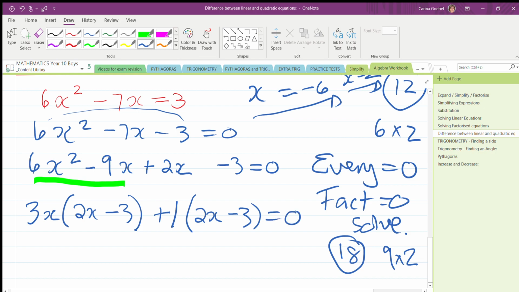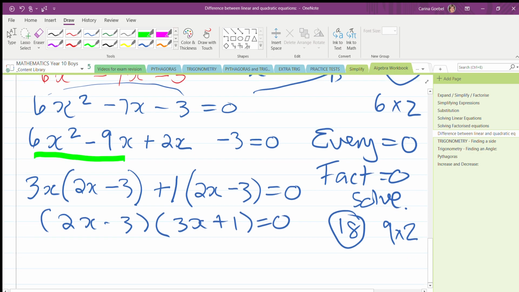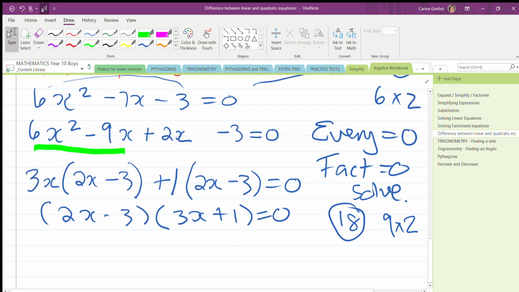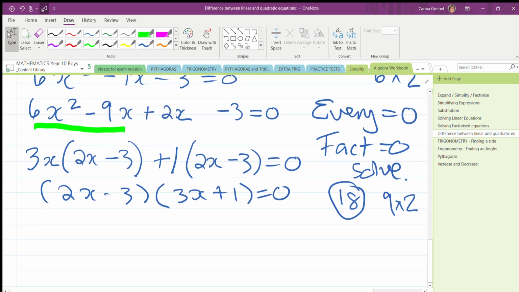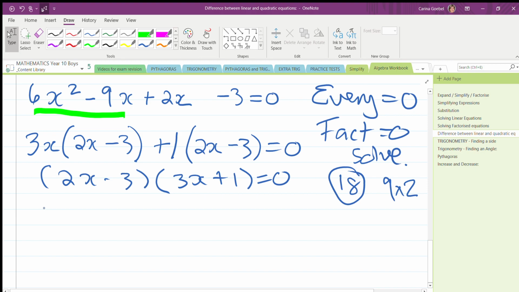And just remember that if this sign had been a minus, you would need to alter the sign that follows, but it's not, so we can leave it. That means it's now 2x minus 3 as your common bracket, and then you've got left 3x plus 1. So we are now at this stage where it has been factorized, and now we can solve it. So that means we can say 2x minus 3 equals 0, and 3x plus 1 equals 0.